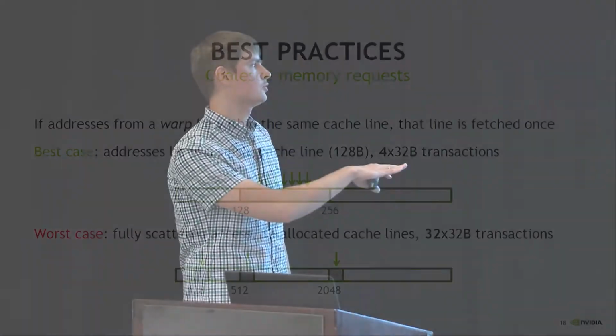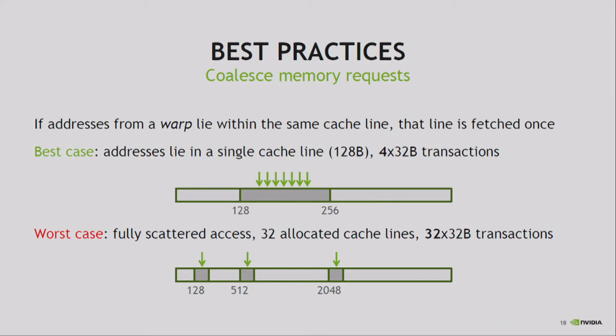Versus in the best case scenario, it's just one cache line or 4 transactions of 32 bytes. And the difference is like 8 times essentially. However, in the second case, we're also effectively allocating 32 cache lines of 128 bytes. And this also limits our effective cache size.